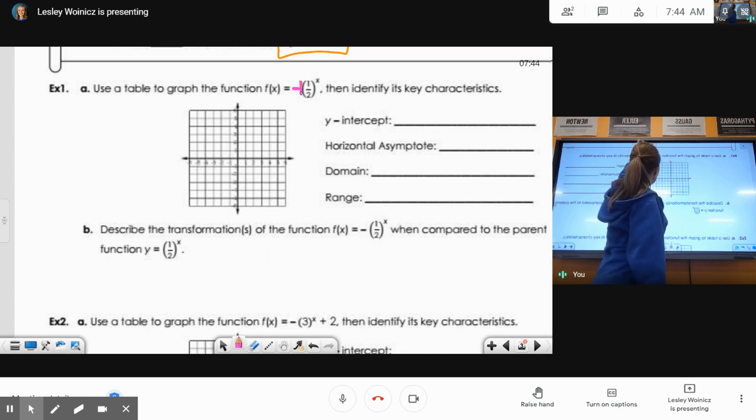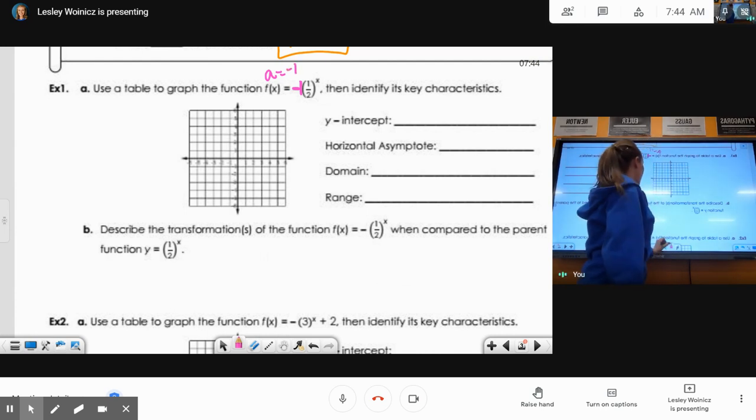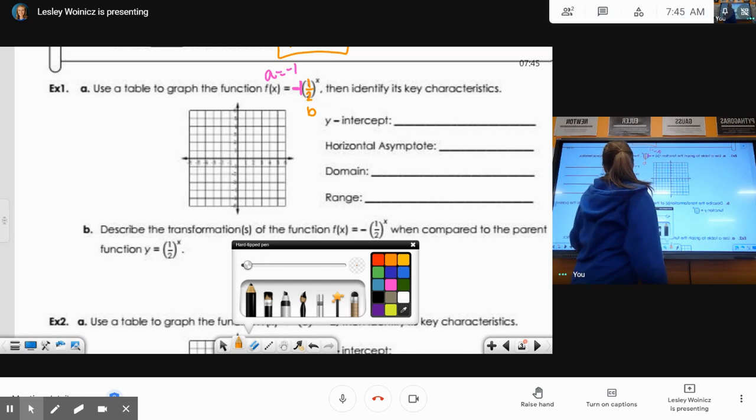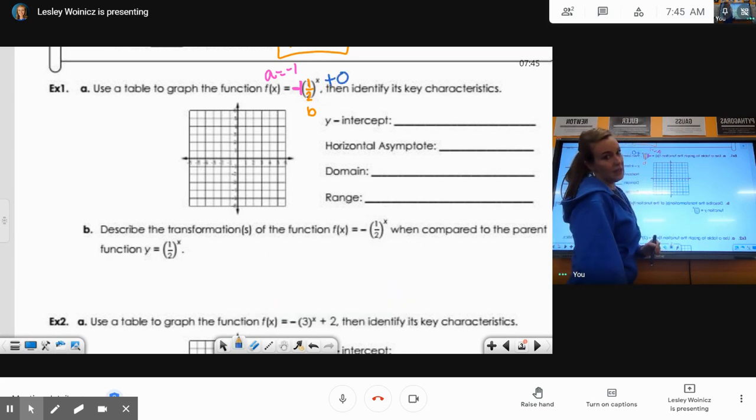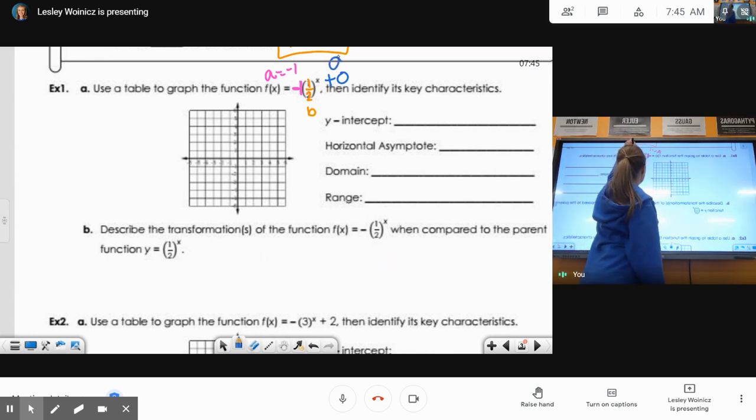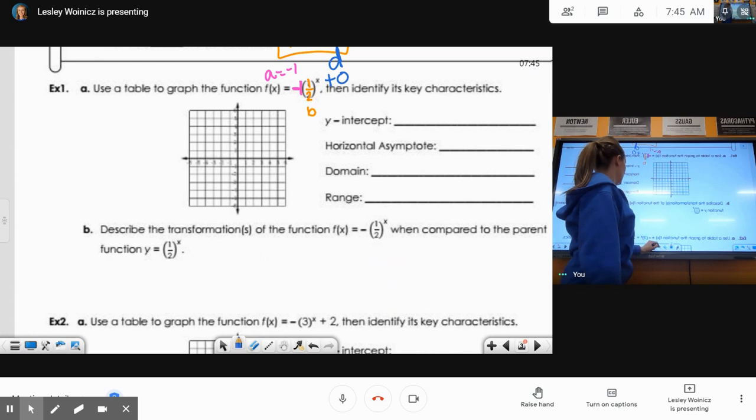There's a -1 right there. That is the coefficient in front of our base. Our base is the 1/2. That is what is being raised to the power of x. And then nothing is being added at the end. The d is 0.